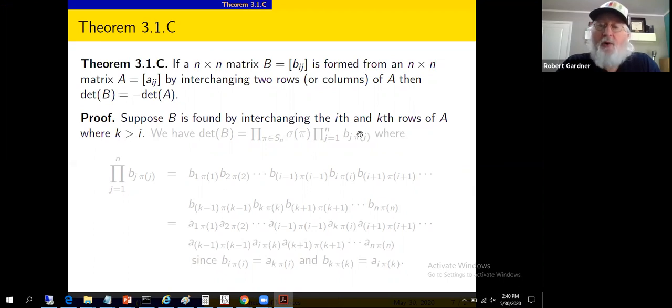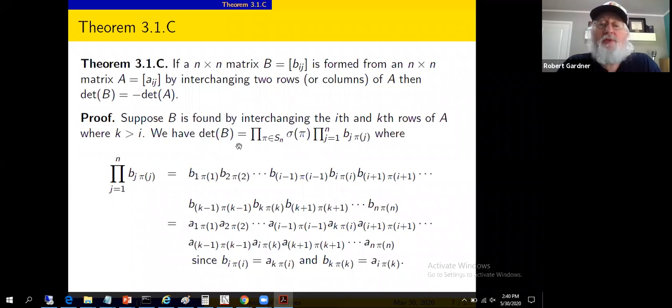If you interchange row I with row I, you haven't done anything, so make them different, and suppose K is the larger of the two. The determinant of matrix B in terms of the entries of matrix B is, from the definition, exactly this. One little observation: I'm using J as the dummy variable when we do these products over here instead of I, because we have two matrices. I'm going to use I for the A matrix.